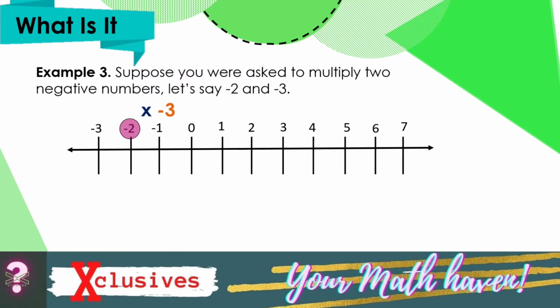If we multiply negative 3 to negative 2, surely the answer will have an opposite sign. From negative, it will switch to positive. Why? Because multiplying by a negative means switching to its opposite. So, negative 2 times negative 3 is positive 6. Very good.